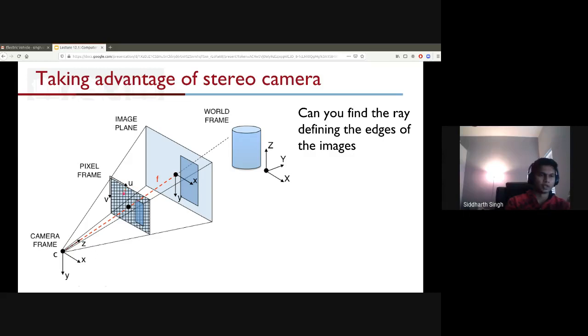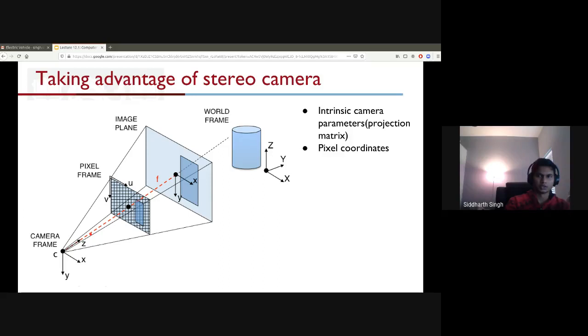So again, if I look at it as only triangles with geometry, if I have information of this point in u and v or in x and y, can I not just simply find out the angle that this red ray makes with x and with y, right?